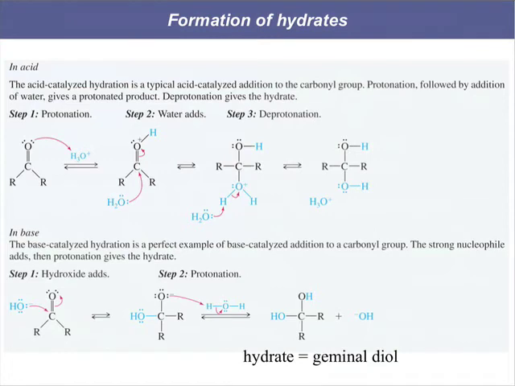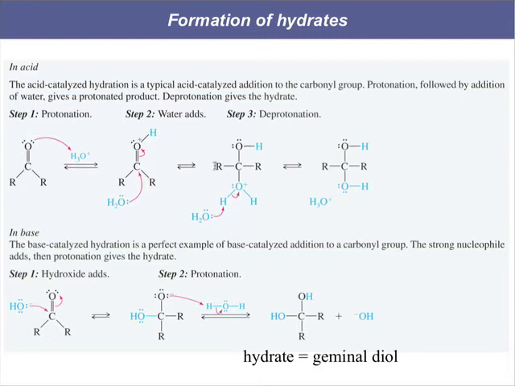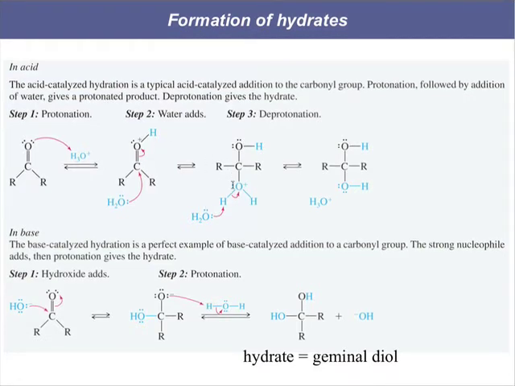So if we've got a ketone in the presence of acid and water, we can protonate the carbonyl using our acid, and then water will add to the carbonyl, displacing the electrons onto the oxygen to get us back to a neutral oxygen. That gives us our OH from our carbonyl and water on our carbonyl carbon.